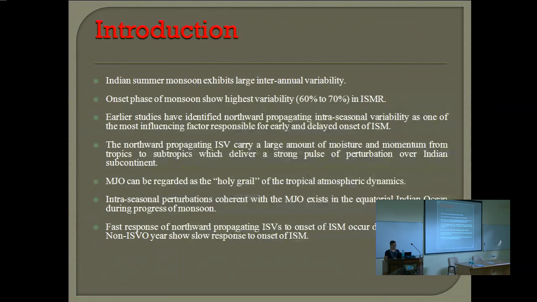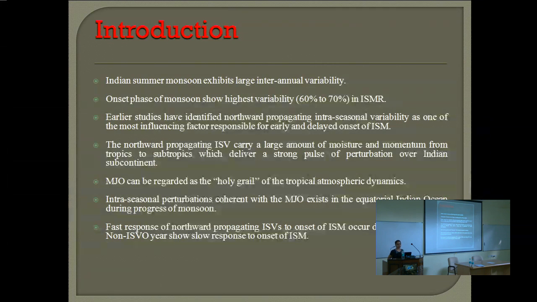So MJO can be regarded as the holy grail of tropical atmospheric dynamics. It's an ocean-atmospheric interaction. Intraseasonal perturbations coherent with MJO exist in the equatorial Indian Ocean during progress of monsoon. So my focus in this study is on the progress of monsoon.